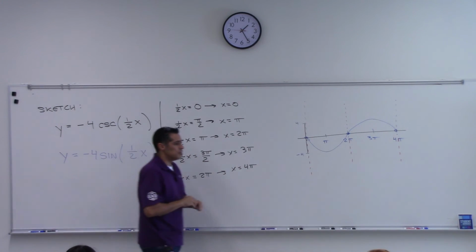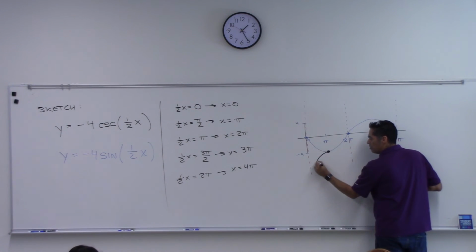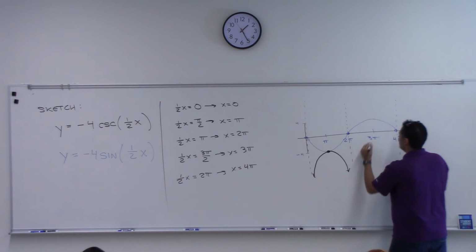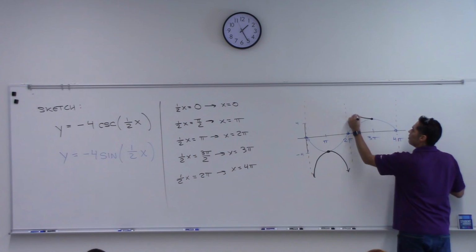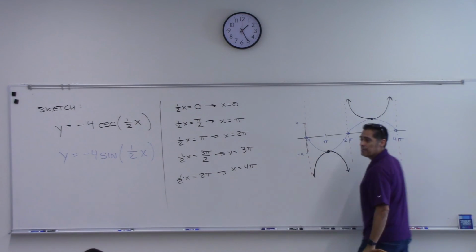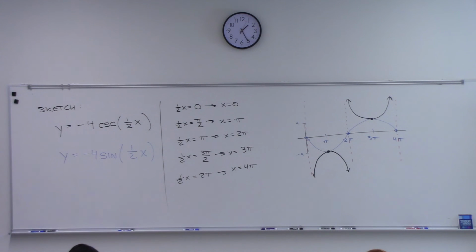So all I'm going to do is go to this valley, this bottom point. I'm going to draw u out this way and this way. Keep it in between the verticals. And then over here, I'm going to draw u up and up like that. Keep it between the verticals, and I'm done. What you see in black there is the cosecant function. Questions?